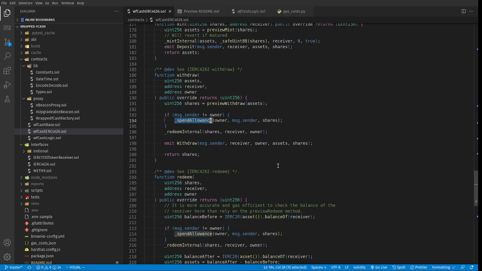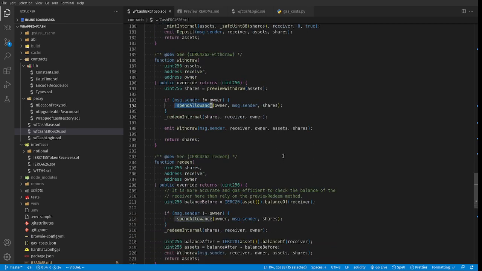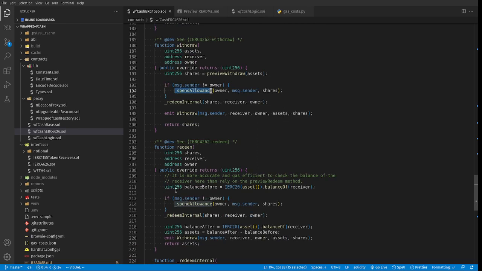Notional truncates transfers at 8 decimal places. So there is going to be some dust amount in the assets transferred below that 8th decimal place, if the token is like DAI with 18 decimal places.